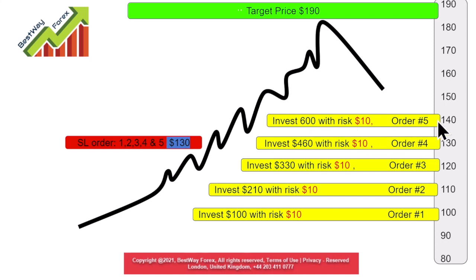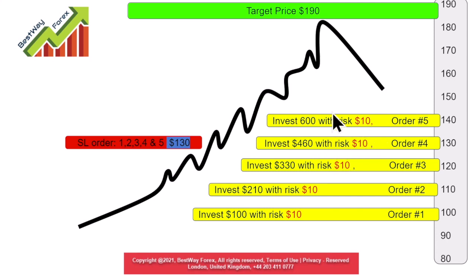Okay, so now we have this in our portfolio. We have bought this asset 5 times with 5 different prices, and we have increased our investment in this asset, but we are still almost losing nothing. It's just $10, maximum $10 that we're going to lose.